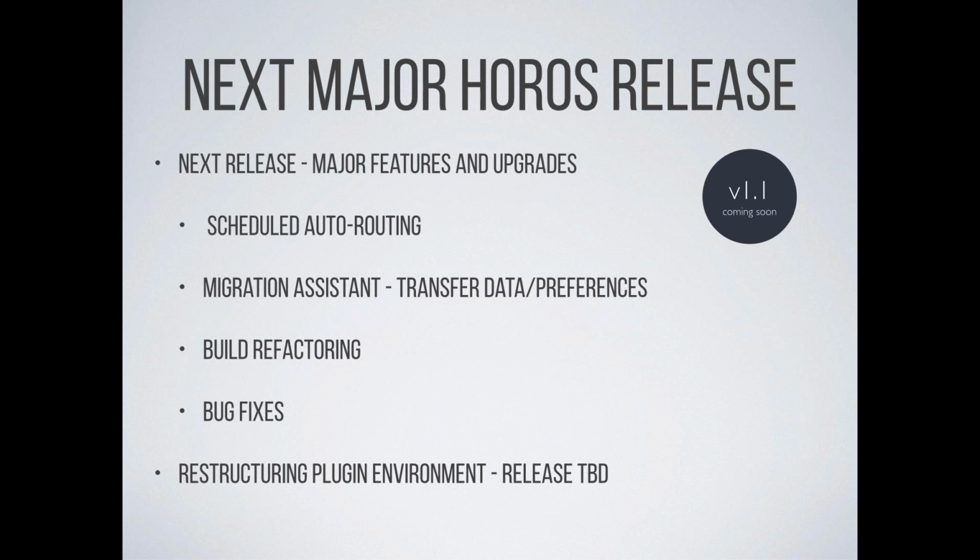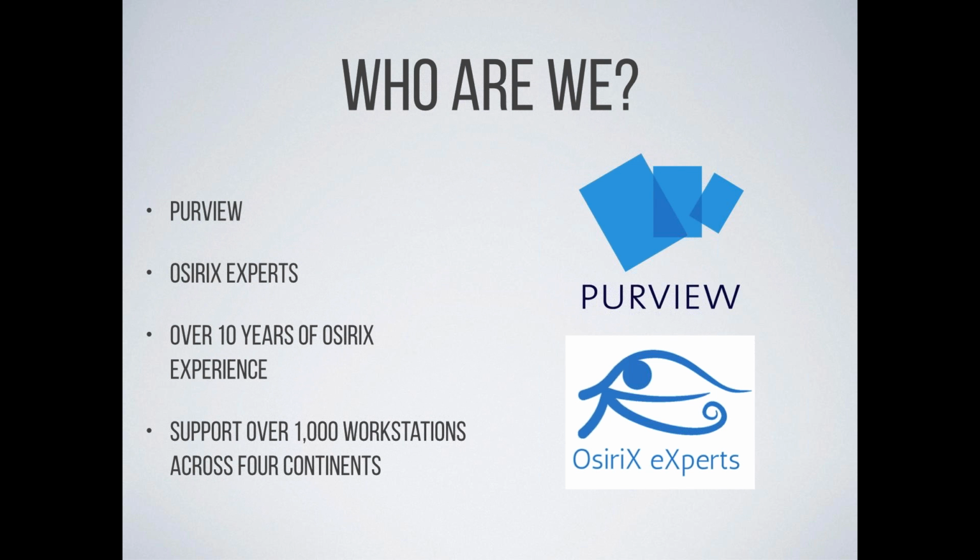We're going to talk a little bit next about some of the changes, code fixes that have been implemented over the past few weeks. We have Horos set up now so that it compiles in Xcode 6.x, which is a big step forward. We're working on building Horos in Yosemite and El Capitan, which is the new version of OS 10 that will be coming out. So keep posted on that.